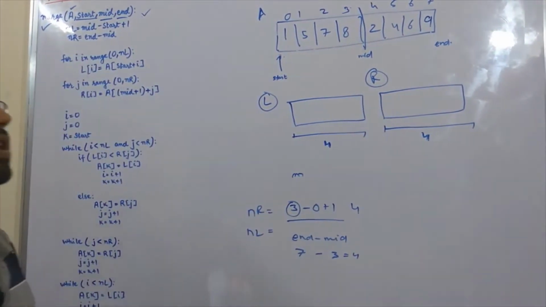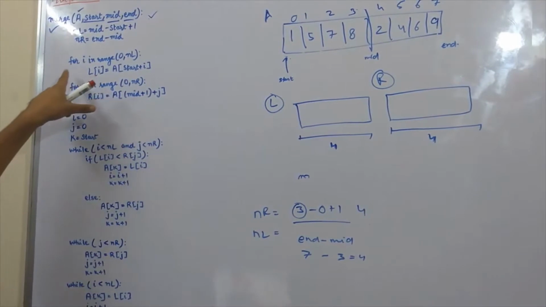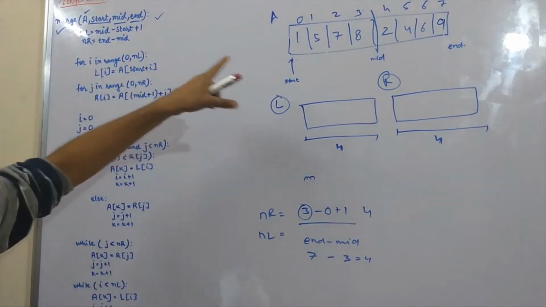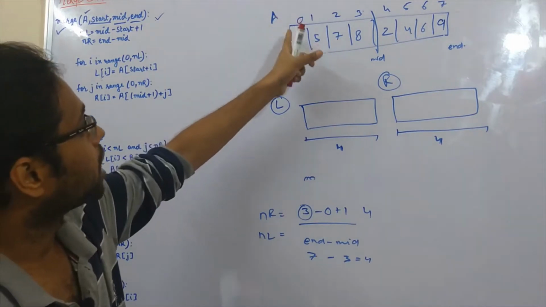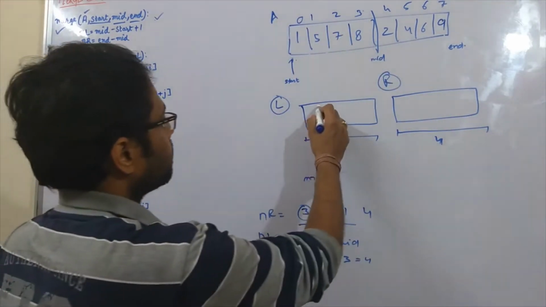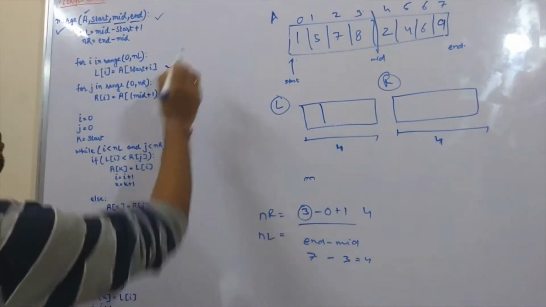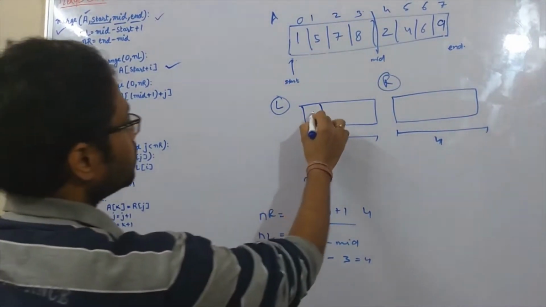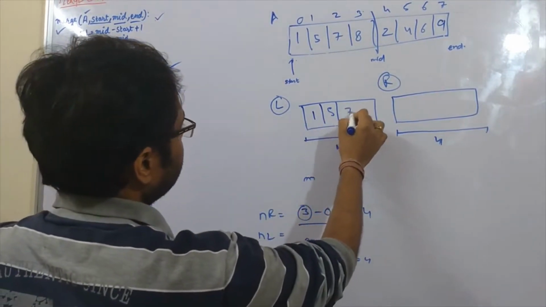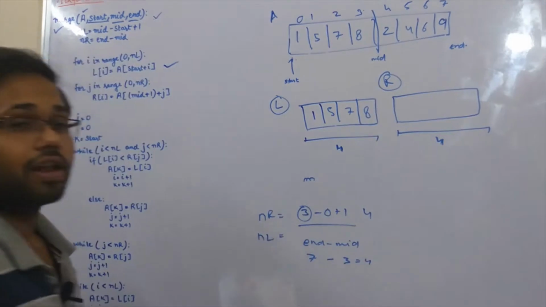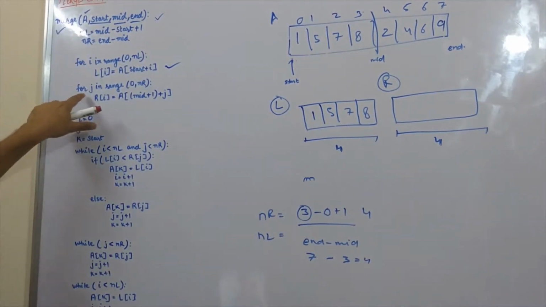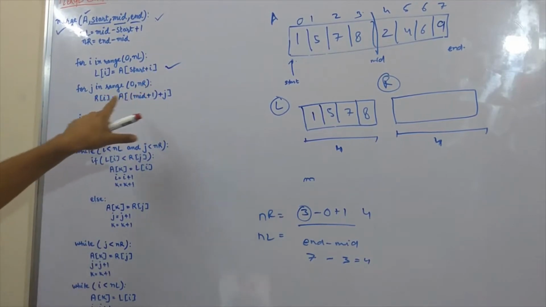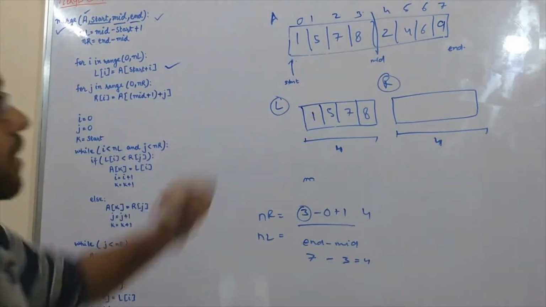So what will be the next step? In the next step, we will copy all the elements from start to mid into the left array. And this procedure will copy all the elements from mid to end into the right array.